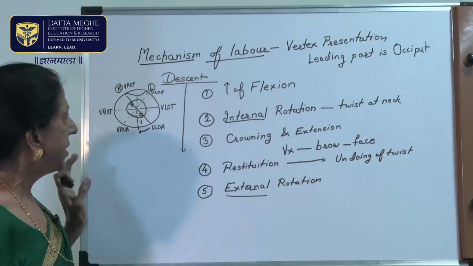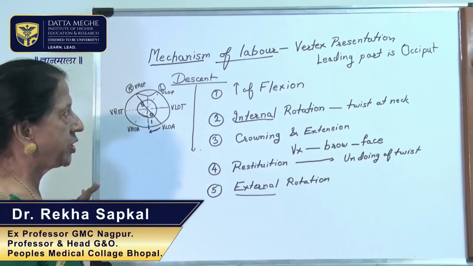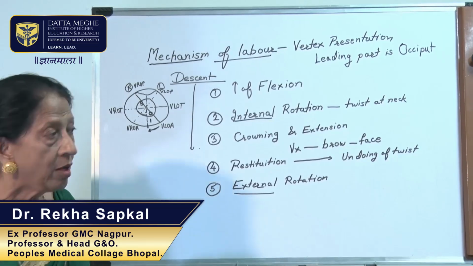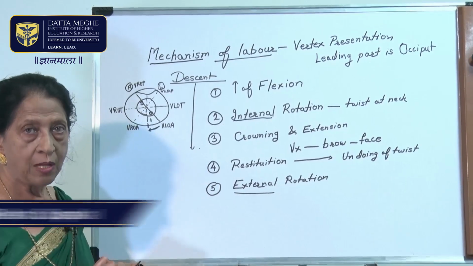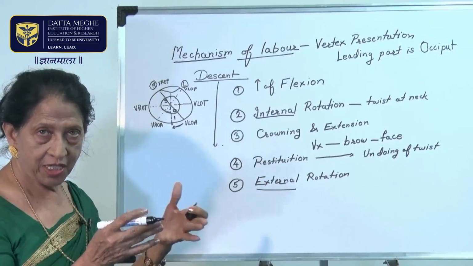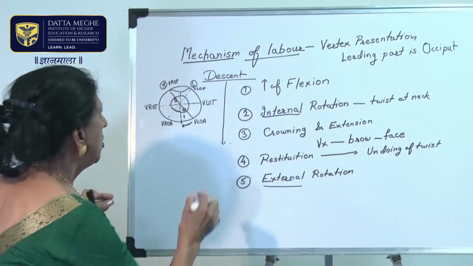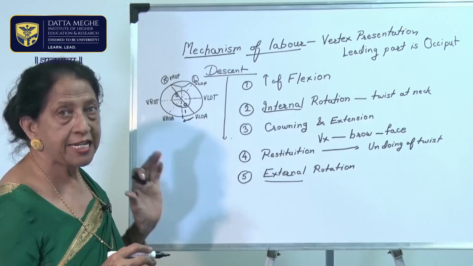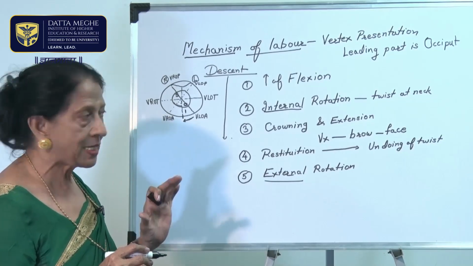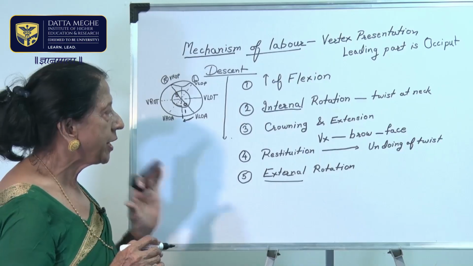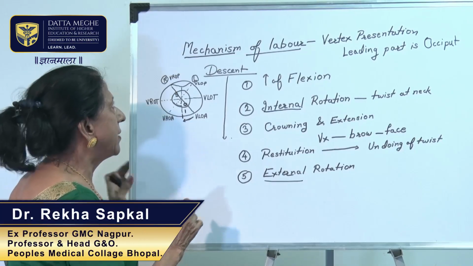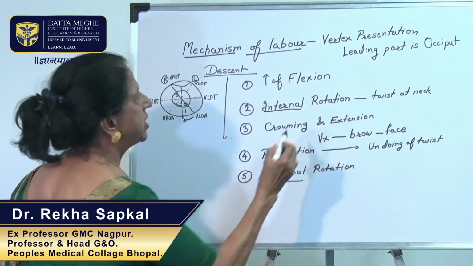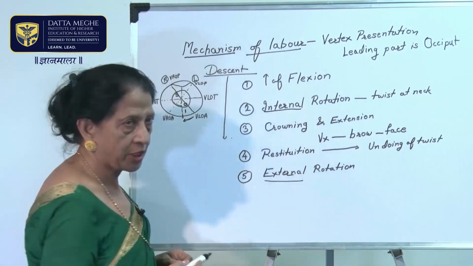It is the way by which the fetus adjusts itself to the pelvic passages and soft passages also, means pelvic floor, vagina, introitus, like that. So, it is the way by which the fetal head and the body also adjusts itself to the pelvic passages while coming out of the introitus during labor. That is the mechanism. So, let us try to understand what is the mechanism of labor in vertex presentation.